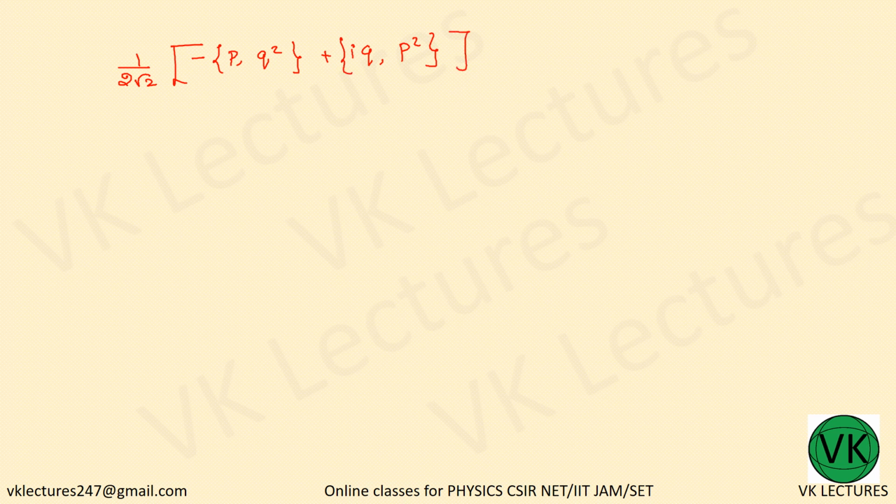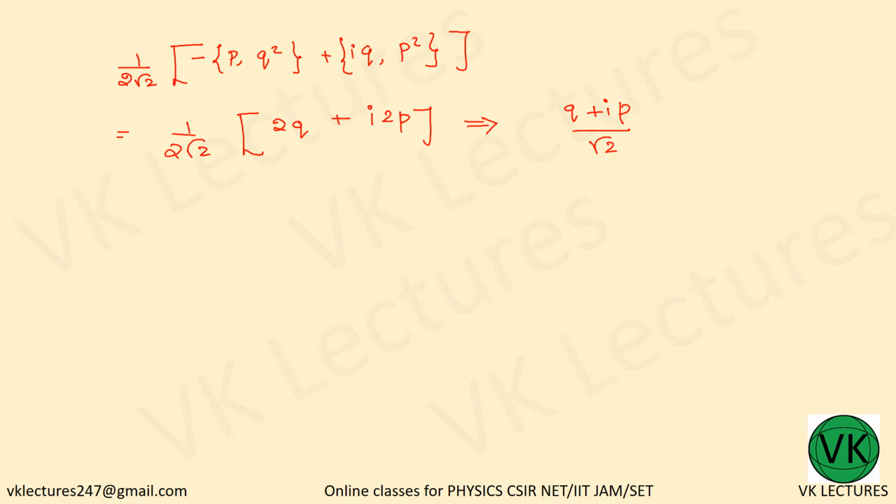So this gives us 1 by 2 root 2. The first term gives 2q, and here I 2p. Bringing this 2 root 2 inside, the 2 gets cancelled, so that is q plus ip by root 2.